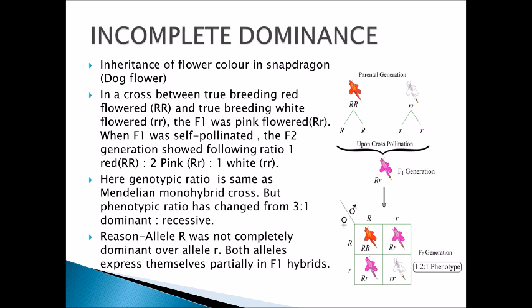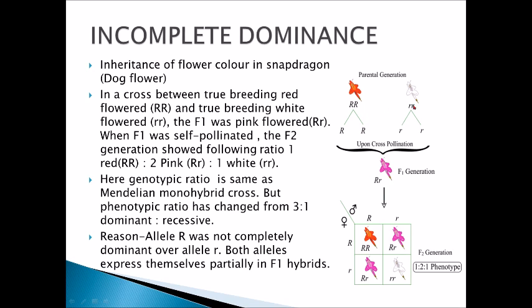That was because in the Mendelian monohybrid cross, the gene for tallness is completely dominant over the gene for dwarfness. But here the red colored flower gene and the white colored flower gene both are expressed in the F1 generation. No one is dominant.